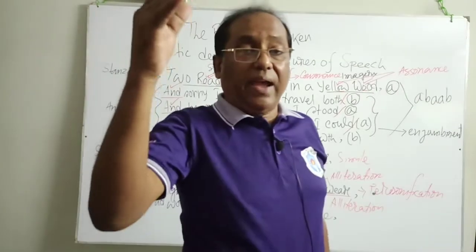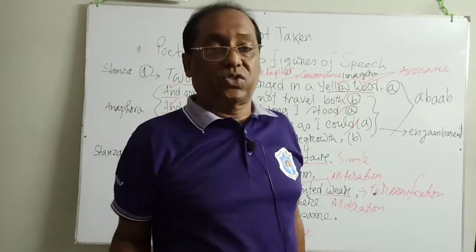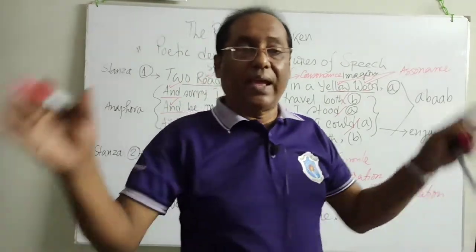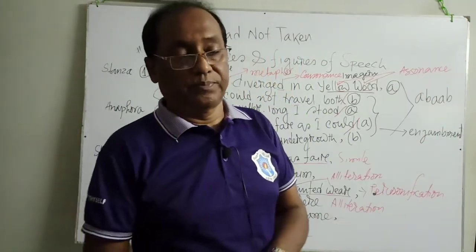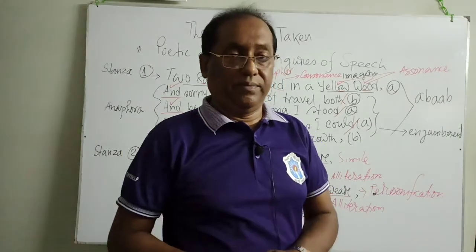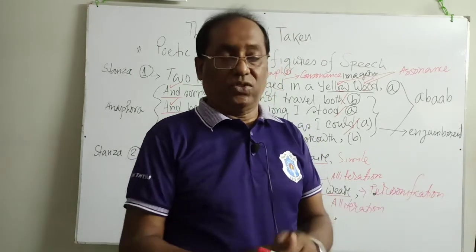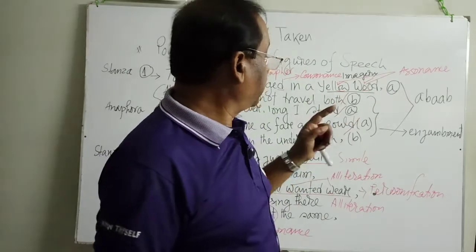So, at the end of the 3 lines, there are no punctuations like comma, semicolon, or full stop. Such kind of continuity of 2 or more lines without punctuation is called enjambment.